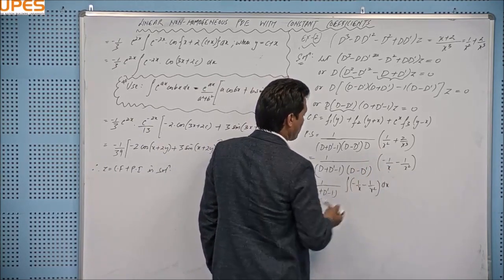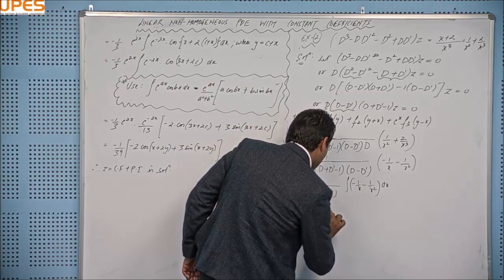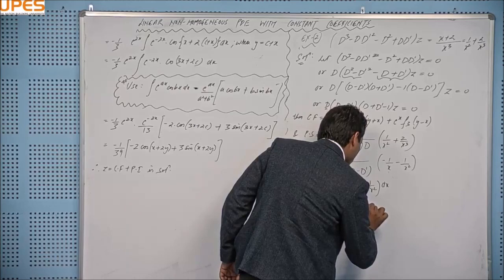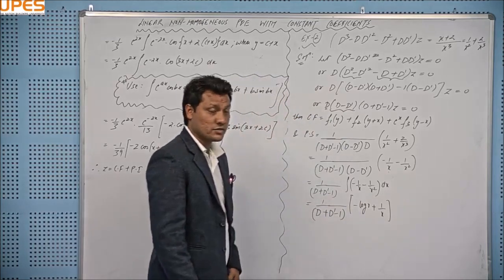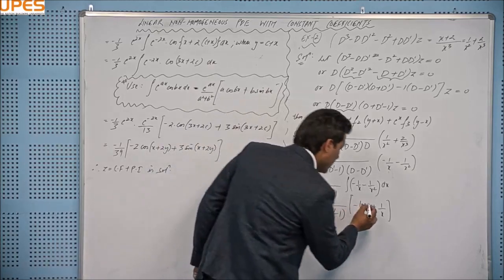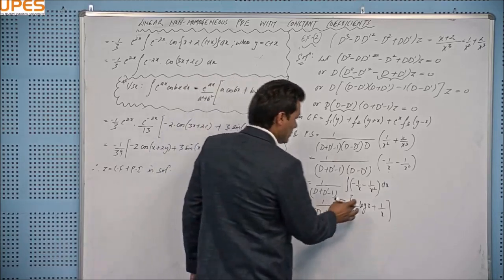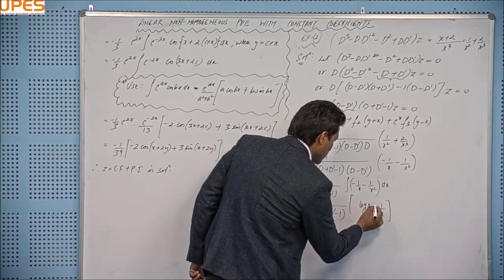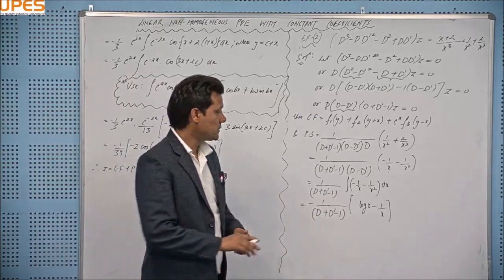Now operate: that will become 1 over D plus D dash minus 1, integration of this will be minus log x, and integration of this will be plus 1 upon x, and note that we have this log x here, and I have to perform integration on log x. Now see this, or should I take minus common? If I take minus common, then it will become minus here. Then I will go on to use the formula on this operator.